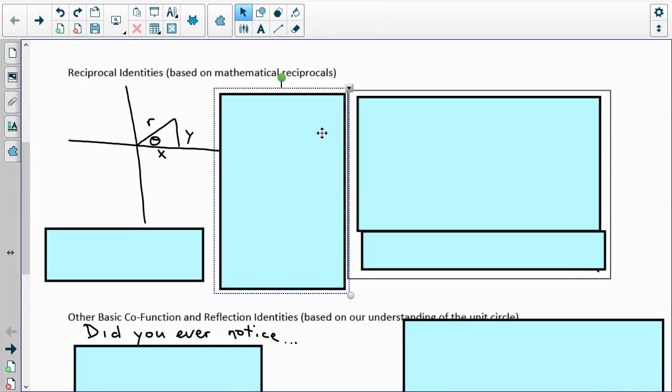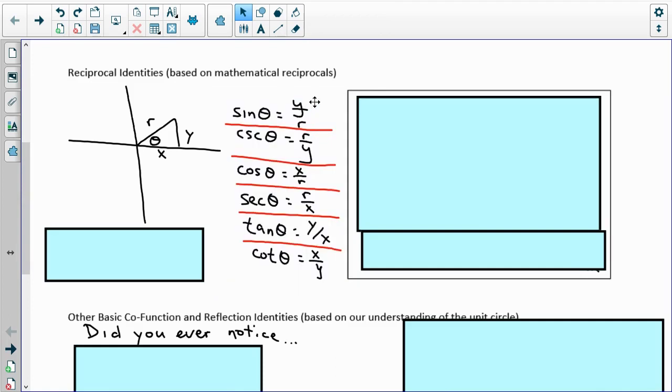So for example, we have this graph of a right triangle on the unit circle. We know that sine is opposite over hypotenuse, which is always the y value divided by the radius of the unit circle. And then cosecant is that flipped, or the reciprocal of it. And so on and so forth. All of these things we already learned last chapter.